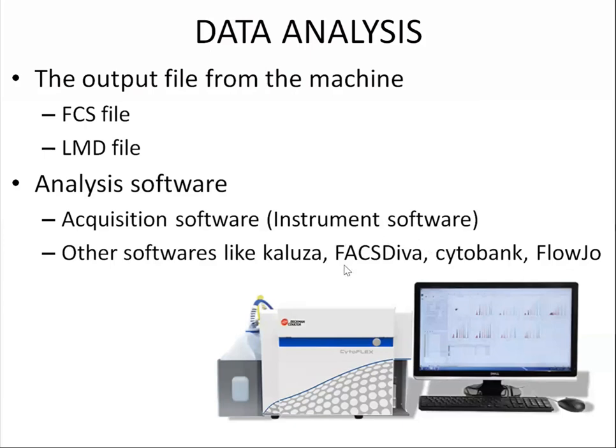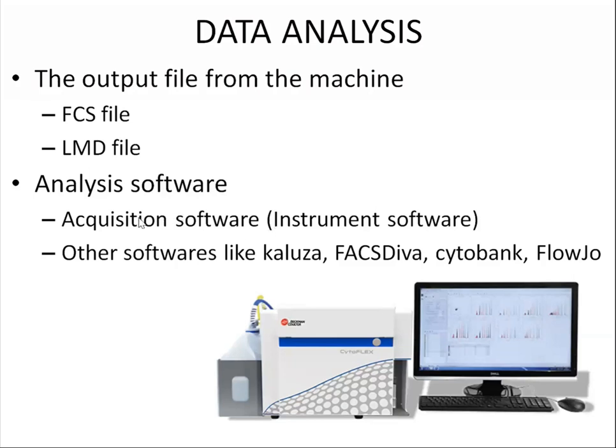So I would love to analyze my flow cytometry file in Kaluza because I have some advantages in it compared to the acquisition software in the system connected to the flow cytometer. Some advantages are like enlarging rare events or few events. I can enlarge them, but that particular feature may not be available in the acquisition software.